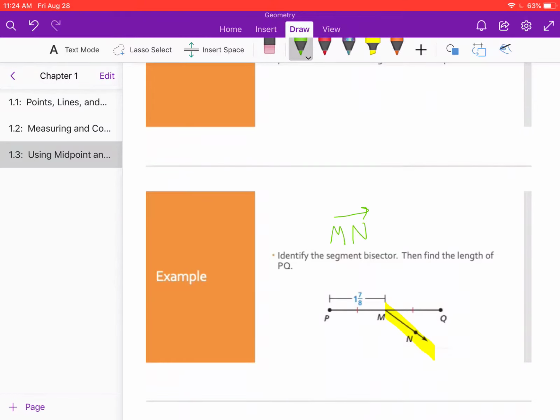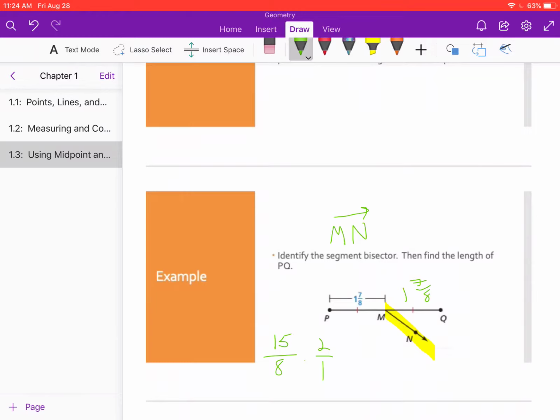Well, if MN is a segment bisector, that means PM and MQ have to be the same. So if PM is 1 7/8, MQ is also 1 7/8. So all we have to do is we can either add those two together or multiply by 2. Personally, I multiply by 2. So I would take 15 over 8 times 2 over 1.